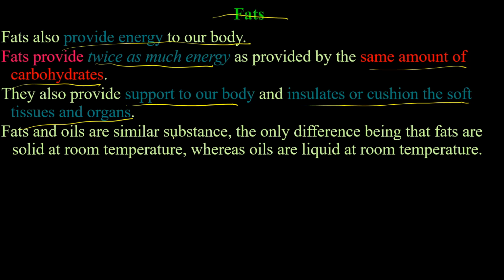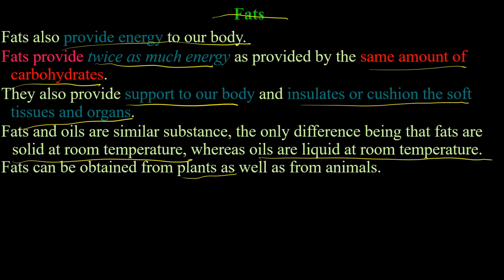Fats and oils are similar substances, the only difference being that fats are solid at room temperature, whereas oils are liquid at room temperature. Fats can be obtained from plants as well as animals.